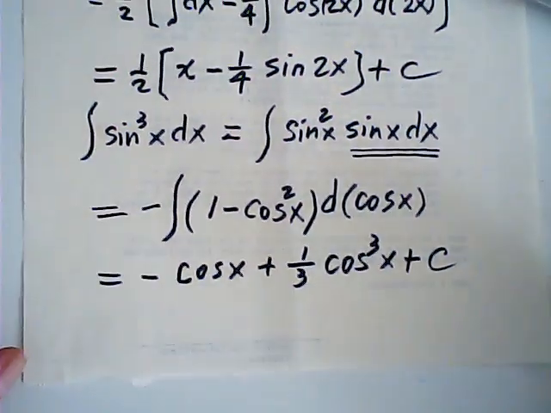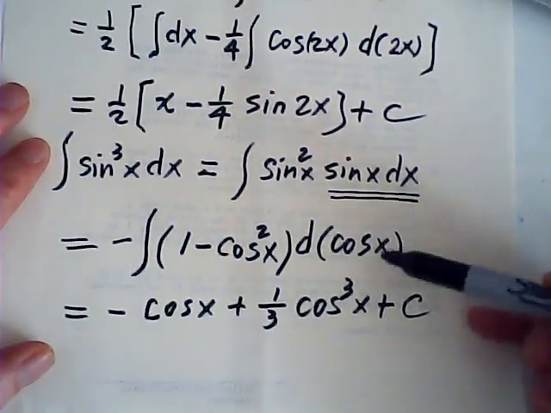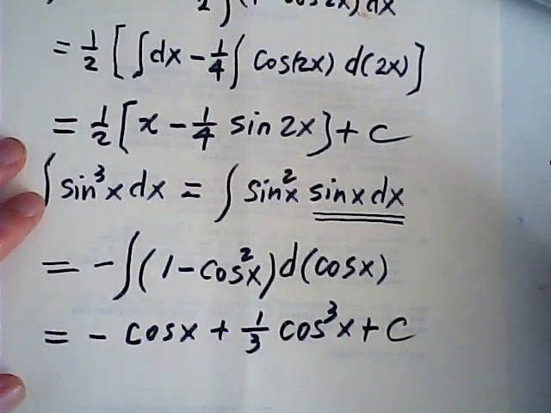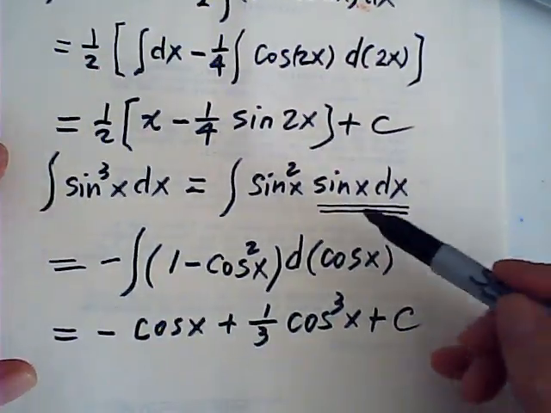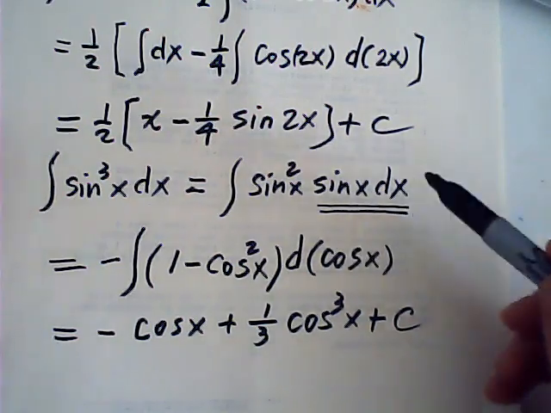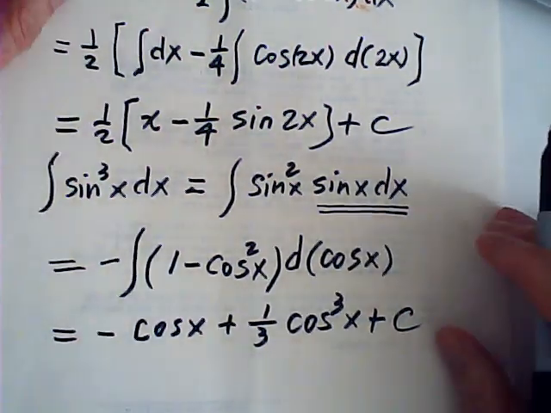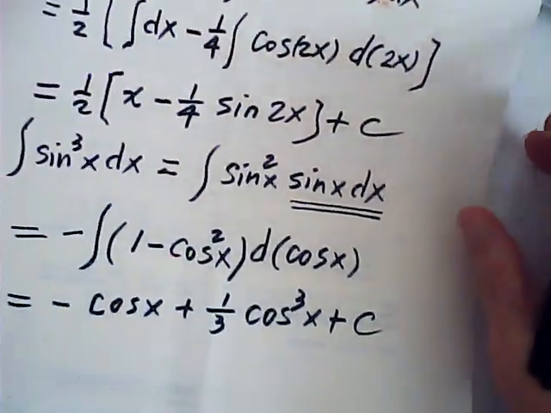Now I just omit the u business. Let u be cosine and so on. This is not necessary because it's rather straightforward.